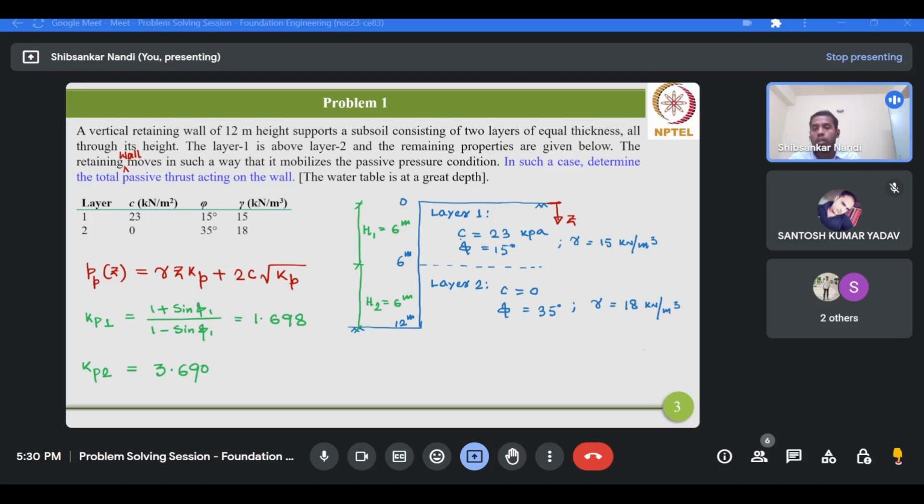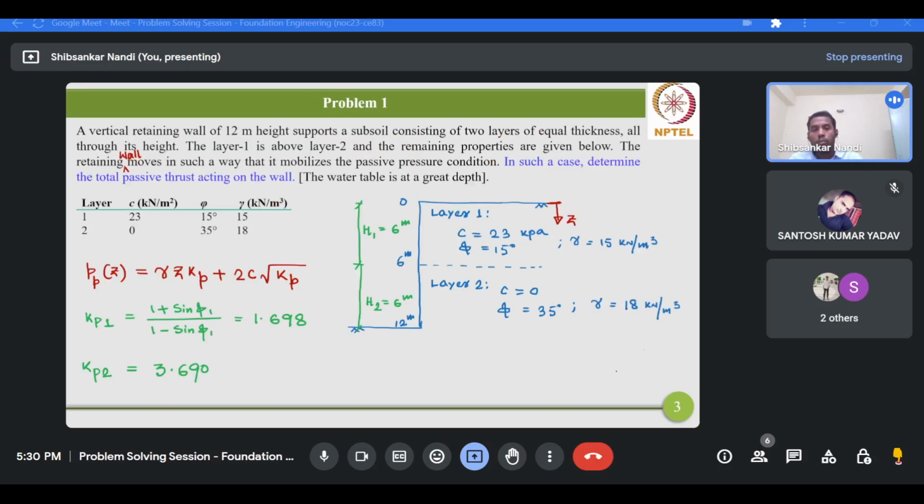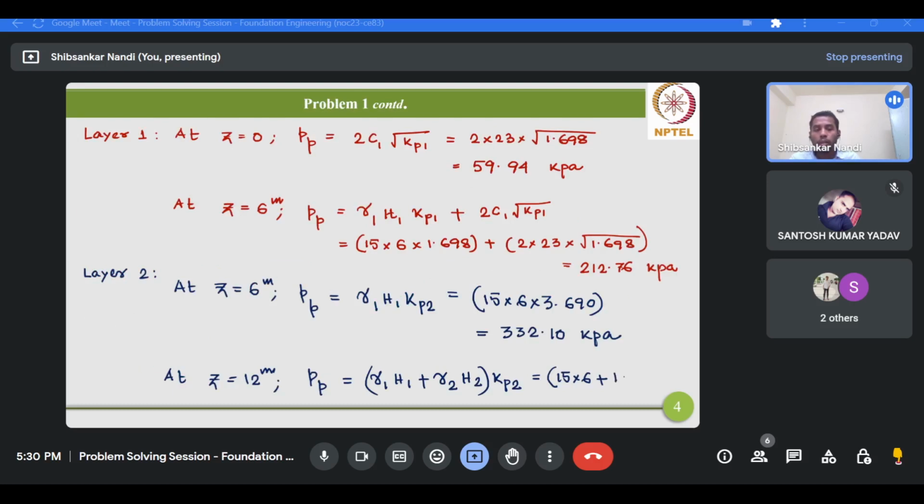The first is gamma 1 H1, the thickness of layer 1, and then gamma 2 H2, the thickness of layer 2, multiplied by the passive earth pressure coefficient of layer 2. So gamma 1 H1 is 15 multiplied by 6, plus gamma 2, that is I hope 18, multiplied by 6, into 3.9.